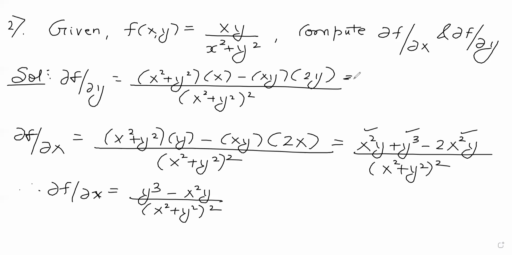And if you work it out, you can check it comes out as x cube minus xy square. After doing some algebra, it comes out as this upon denominator square. Okay, so this is our del f by del x and del f by del y.